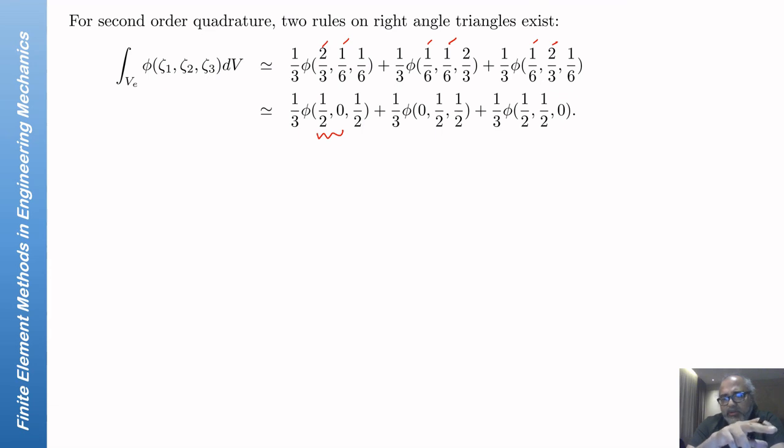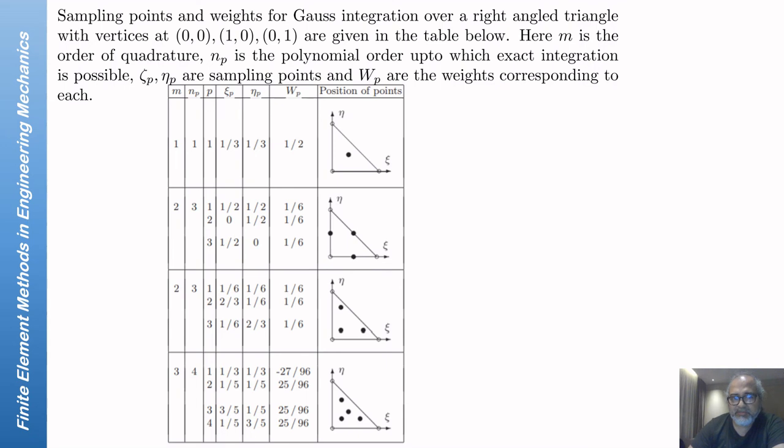One thing that you should note is in a triangle in 2D, you don't have n square terms in the summation. You have 3 terms. So in fact, this table explains it. For second order Gauss quadrature, for example, you have two options. First is this: the Gauss quadrature order is 2, the number of sampling points is 3.